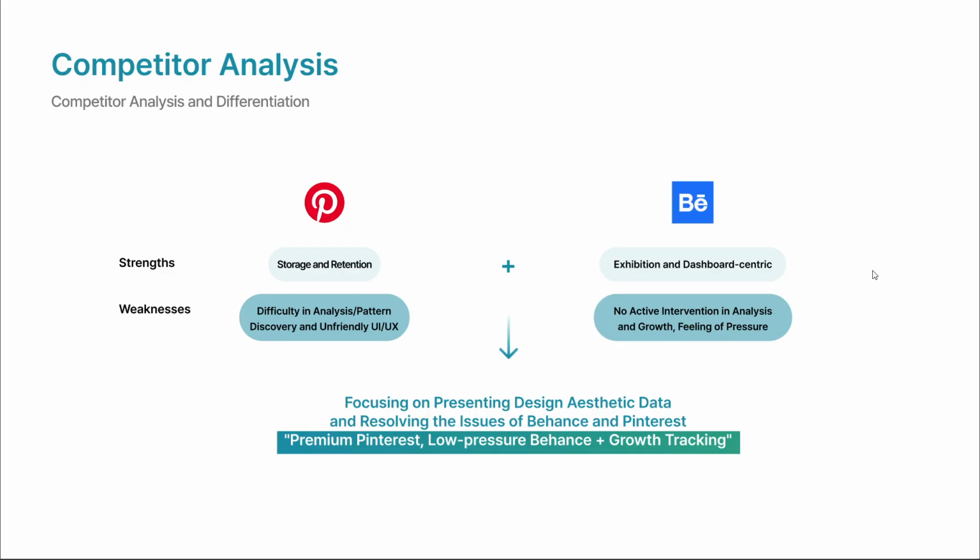But users told us Pinterest feels messy and hard to use, while Behance feels too heavy and exhibition focused. So we decided to build something in between, a service like a premium Pinterest and a low-pressure Behance that helps users track their design growth.